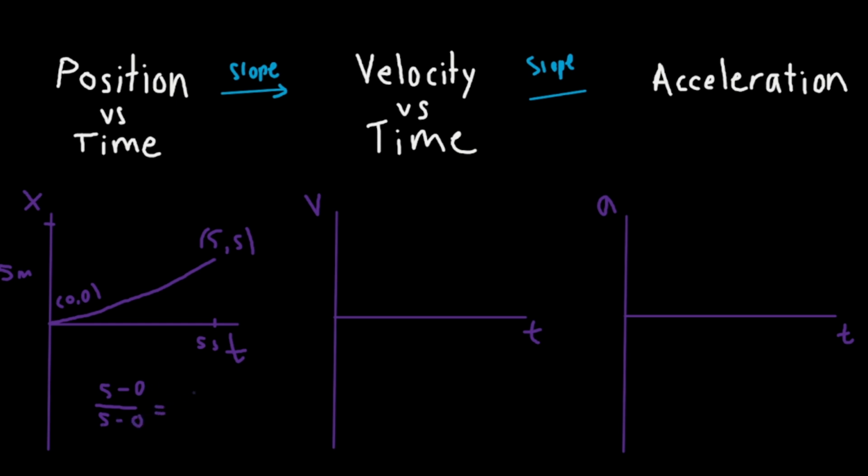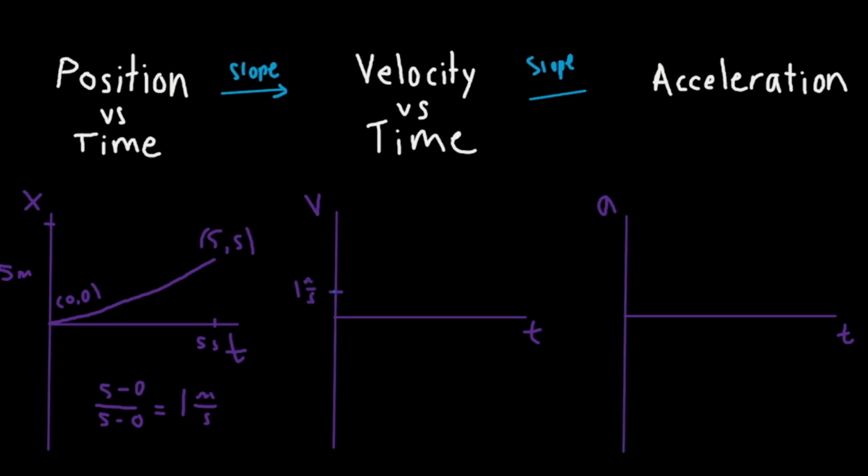If we do the math, we get 1 meter per second. Since it's a line, the slope does not change throughout the graph. That means the velocity graph would be a flat line. And where would it be a flat line at? 1 meter per second, because that's the slope we calculated.